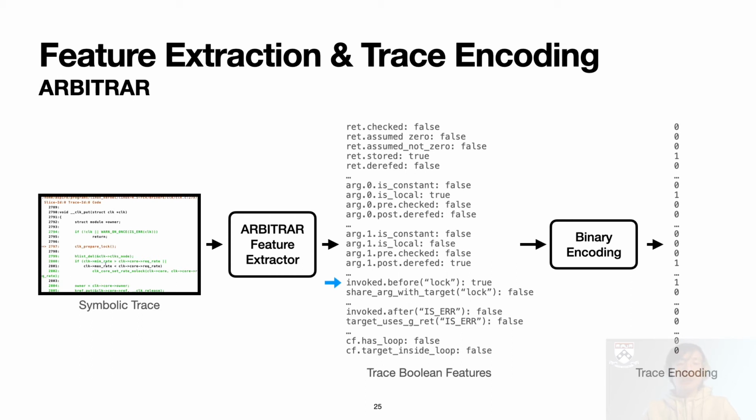While this set of features is able to cover most of the known API specifications, it is easily extensible. The Boolean features are then passed into a binary encoding and get turned into a fixed-dimensional vector containing only 0s and 1s. Now this representation is relaxed from the logical domain into the numerical domain and could be easily used by machine learning algorithms.